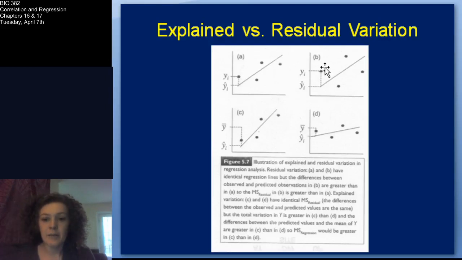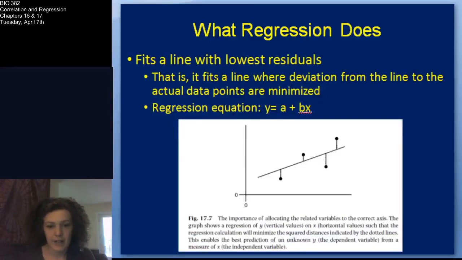All right, and so basically what's happening in a regression is it's actually running an ANOVA model and looking at the variance explained by your predictor variable versus the residual variation. Okay, interesting, right?